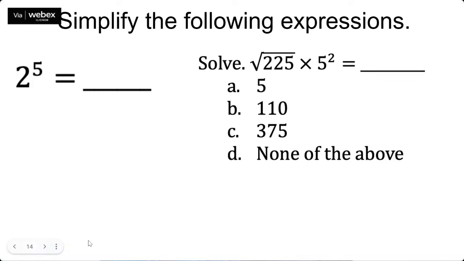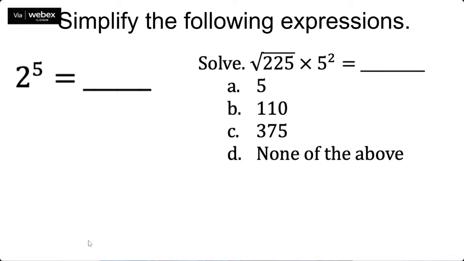You have 1 minute for this. Okay, what's the square root of 225, everybody?